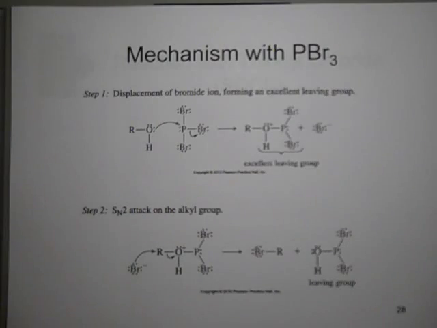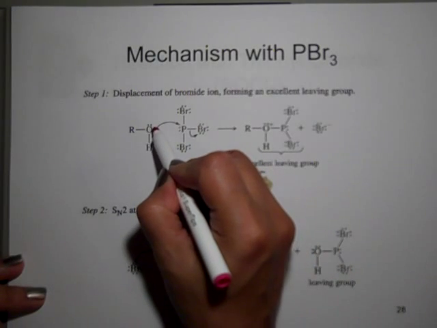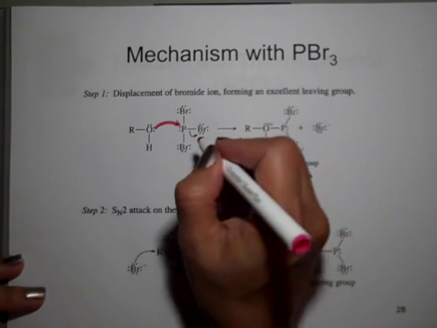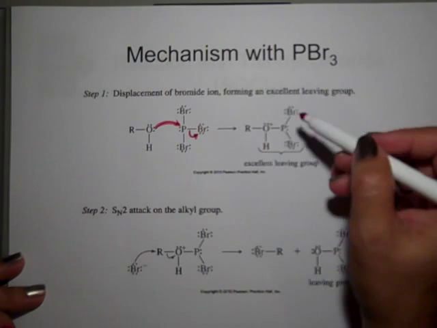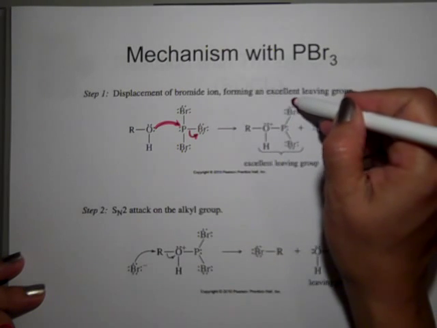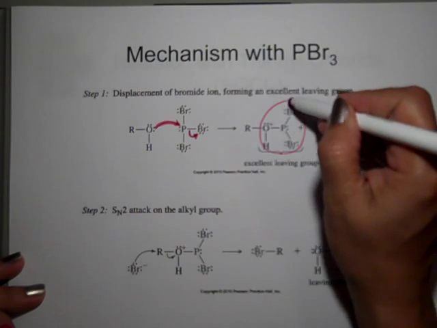The mechanism itself is, again, we're going to see the OH being turned into a good leaving group. So you have your alcohol, the oxygen of your alcohol attacks the phosphorus and it displaces one of the 3 halides. And now that you have your oxygen attached to your phosphorus, this right here is an excellent leaving group.